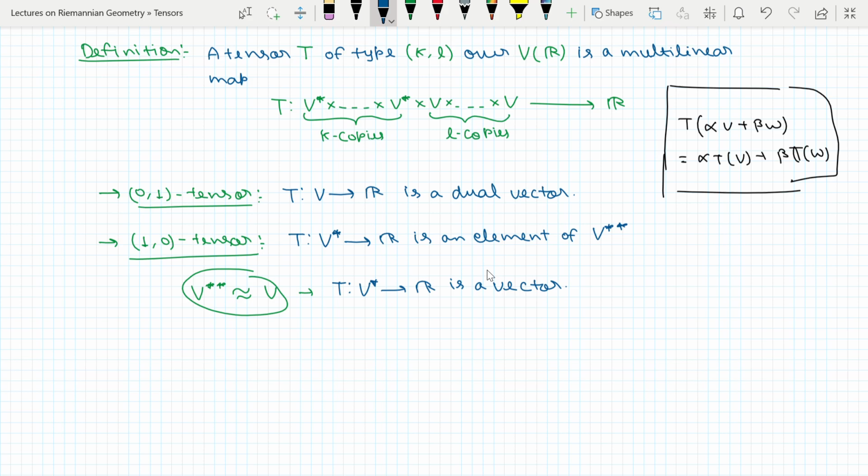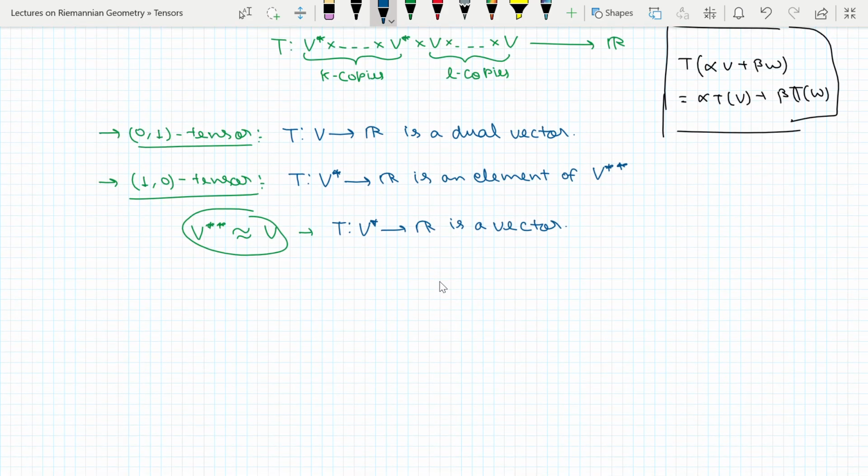So what you have here is another way of looking at a vector. A vector is nothing but an element of the double dual, or a map from a dual space to the reals. That's what a vector is.